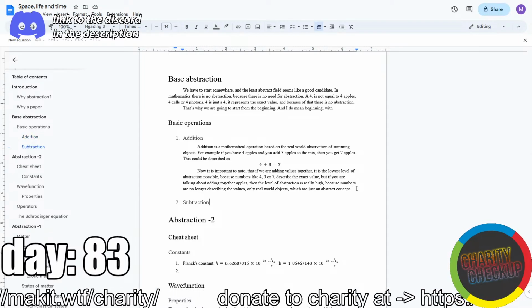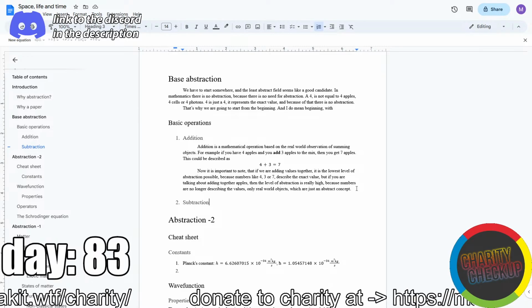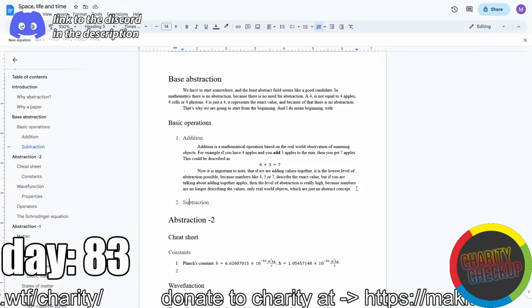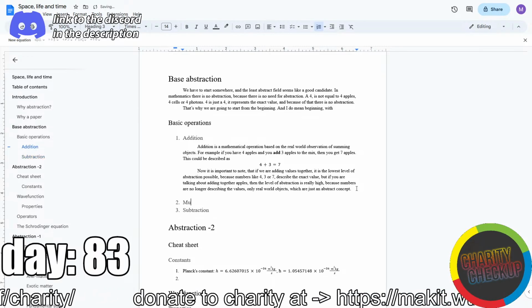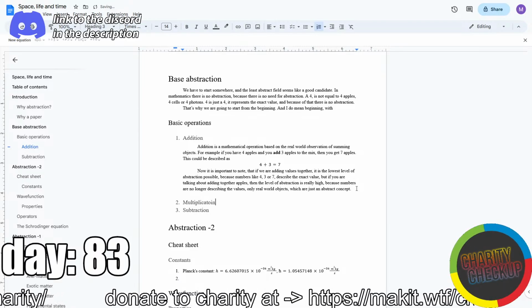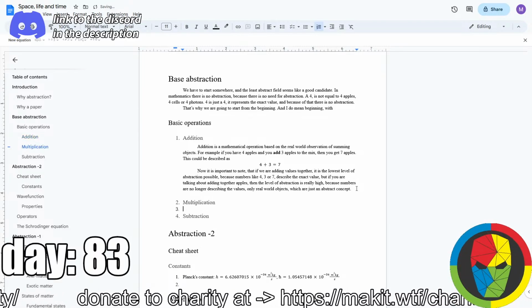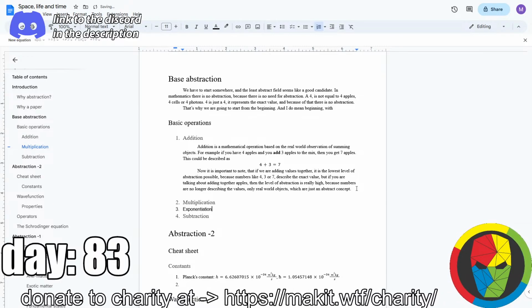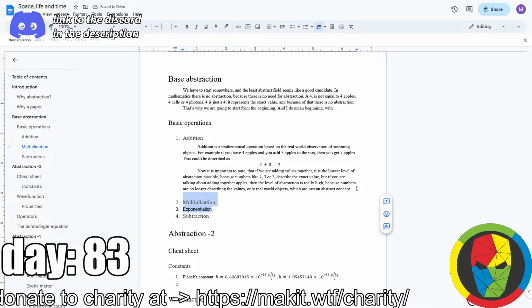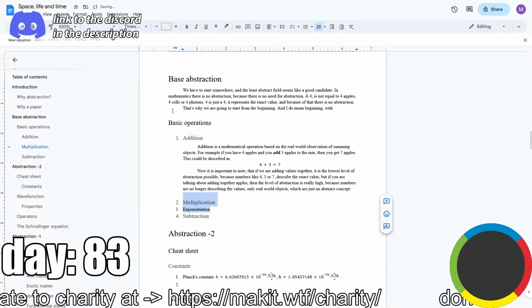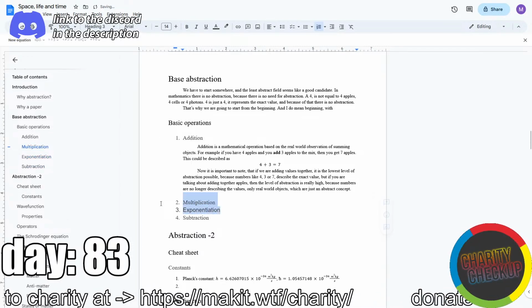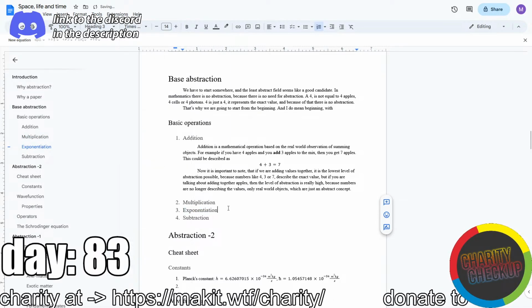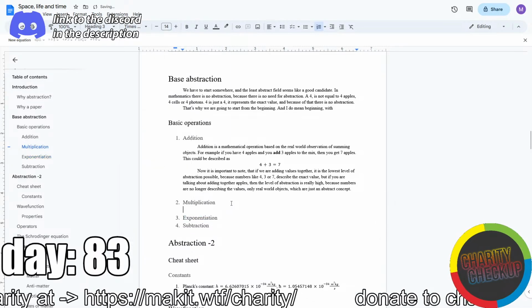Now subtraction. Actually, multiplication would be better here. Let's first do all the multiplication. Exponentiation. Times New Roman, I forgot about that. There we go.